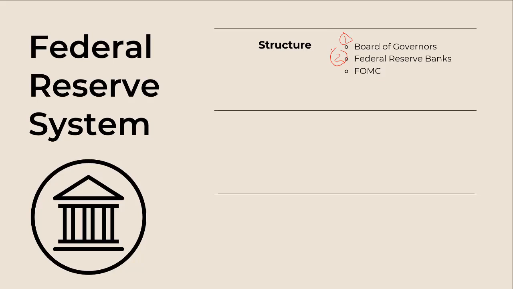And then finally, as I just mentioned, there's this Federal Open Market Committee. It's composed of some members from the Board of Governors and then some Federal Reserve branch bank presidents. They come together and they are responsible for setting the main tool that the Federal Reserve System has to implement its policies, open market operations, which we're going to talk about.